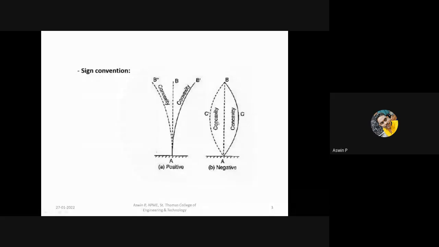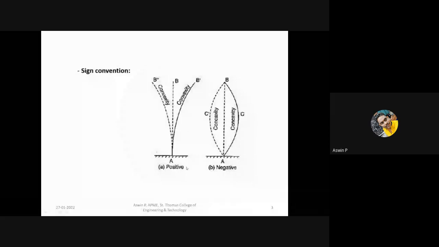If a structural member is AB, subjected to the force P at B as well as at A, that is compressive load, it will bend with convexity or concavity. In 99% of cases, that will be concavity. So the moment generated will always be negative.